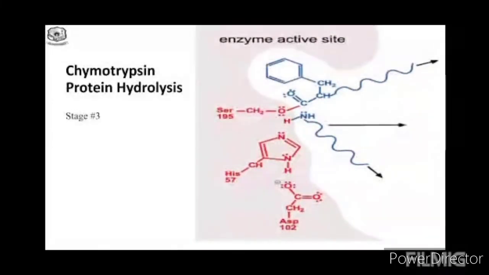So in the third stage, the C-terminal part of the protein is converted to the amine, and the N-terminal part is converted to a seryl ester.